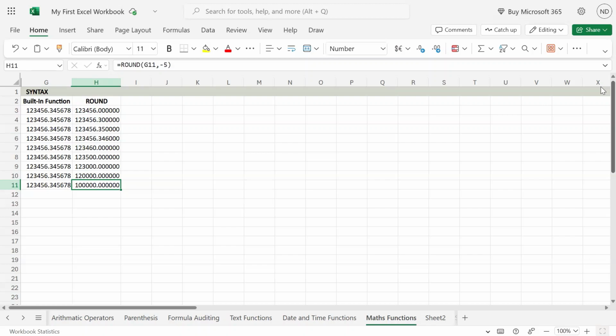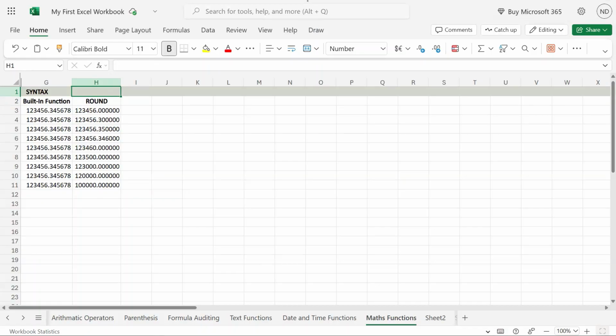So basically, it will give you a rounded up number based on your requirement. I forgot to tell you the syntax.